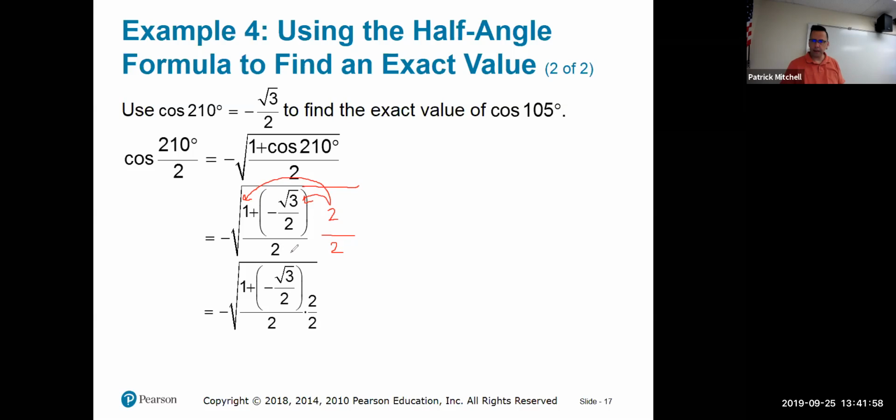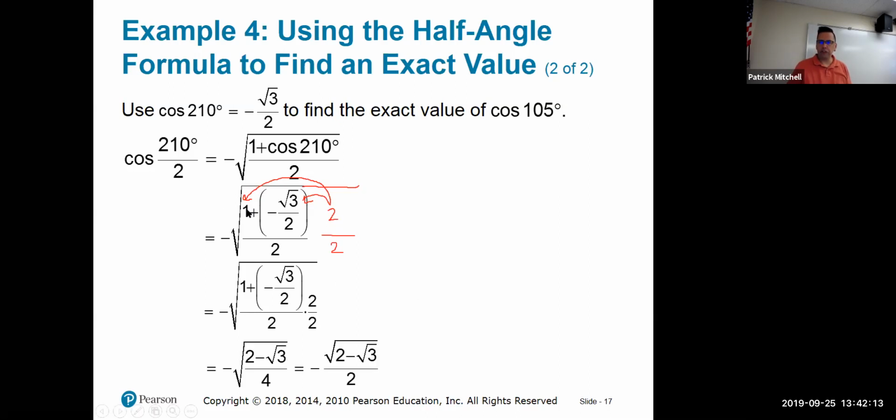And then on the bottom, that's easy. That's just going to be 2 times 2. It's the same thing you see here. I just thought I could write it a little more clearly. Okay. So then, after you distribute that 2, 1 times 2 is 2. Negative root 3 over 2 times 2, the 2's cancel and just leave me root 3.